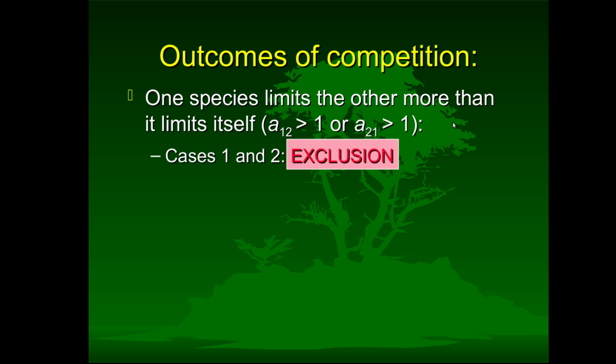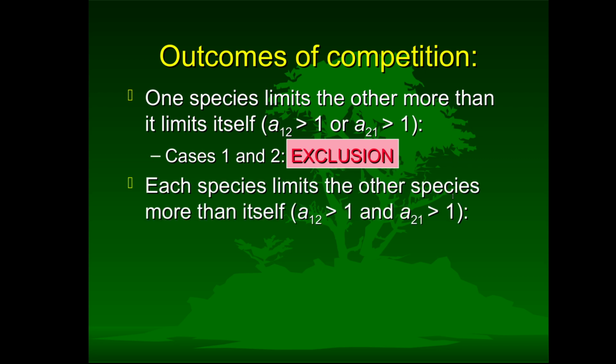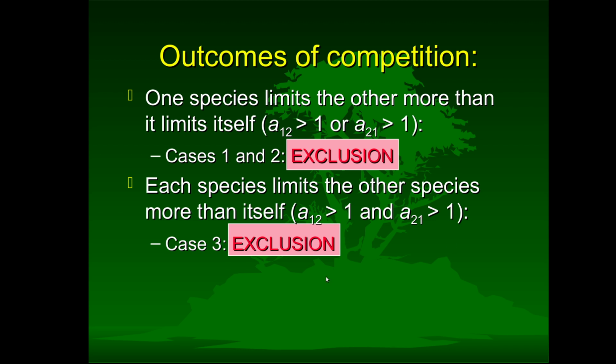This case is 1 and 2. So if both species limit the other more than itself, then we have case 3.